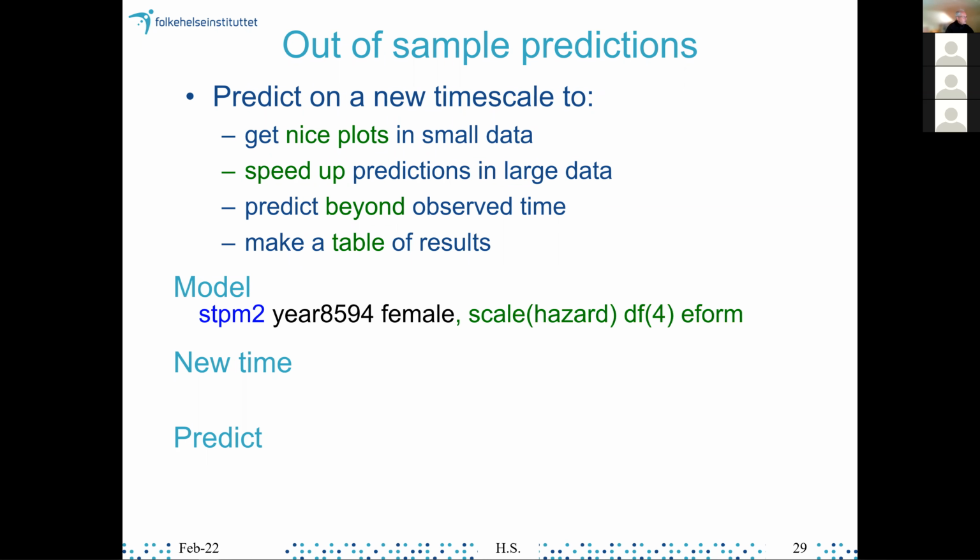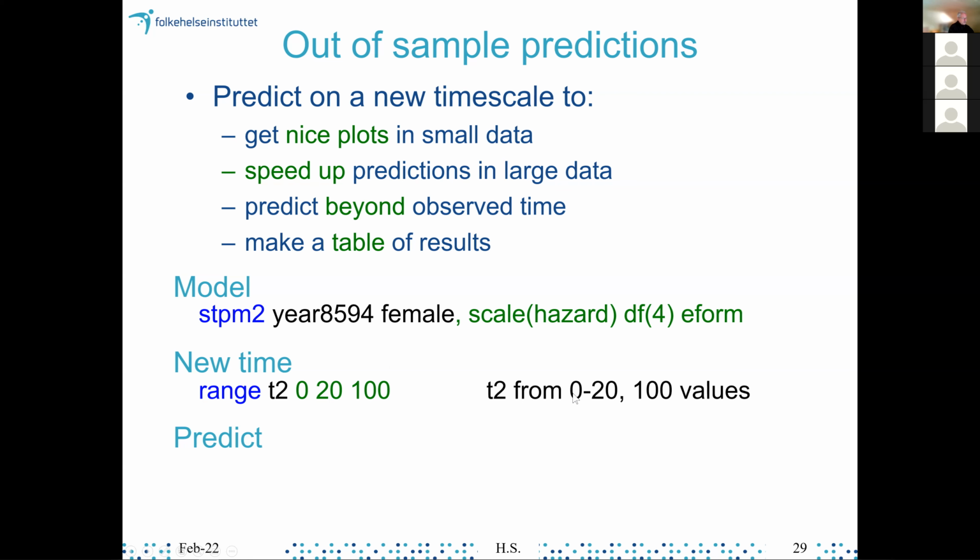So here is our model, STPM2. We have the year of diagnosis and female as the covariates, hazard scale, 4 degrees of freedom. And now we specify a new time variable. I call that variable T2. And the range command in Stata says that this gives me a new variable ranging from 0 to 20 years, and it will give me 100 distinct values.